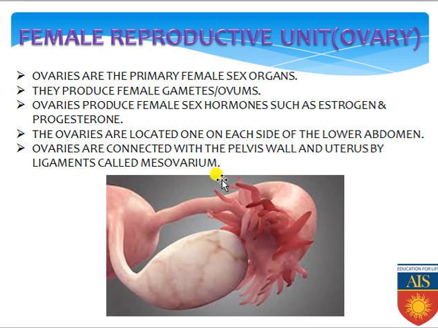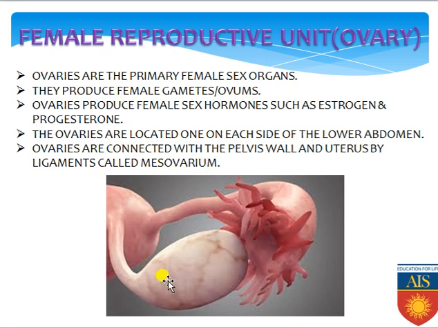These ovaries in the lower abdomen are not free; rather they are attached to the pelvic wall as well as the uterine lining with the help of ligaments. The ligaments responsible for binding the ovary with the uterus are called the mesovarium.